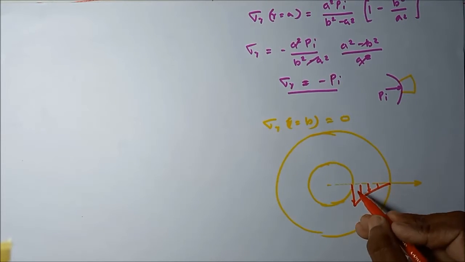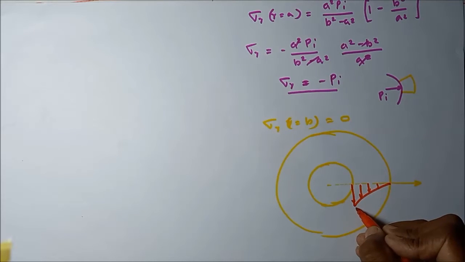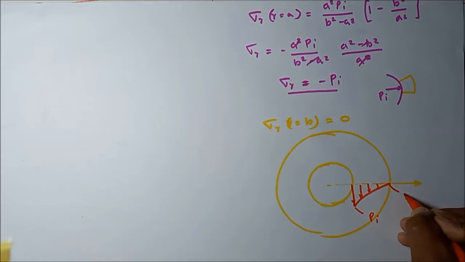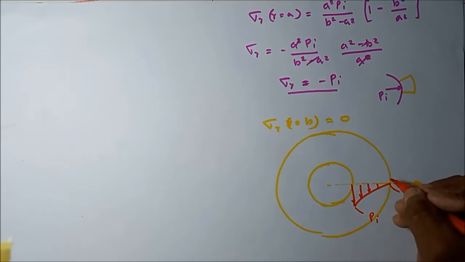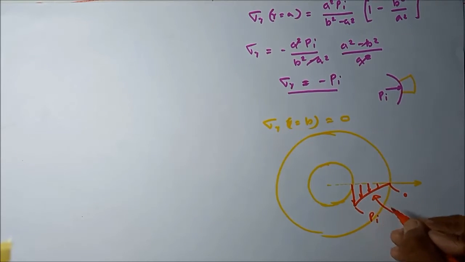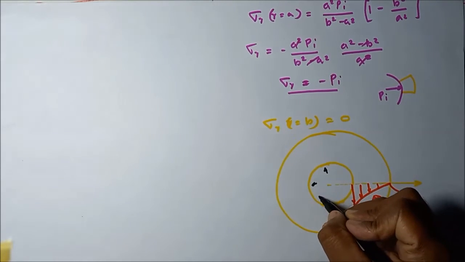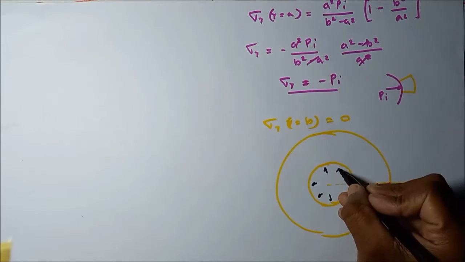At this point it is equal to 0. This is the maximum, and that maximum is equal to the internal pressure. This is the variation of sigma r in the radial direction when the cylinder is subjected to internal pressure only.